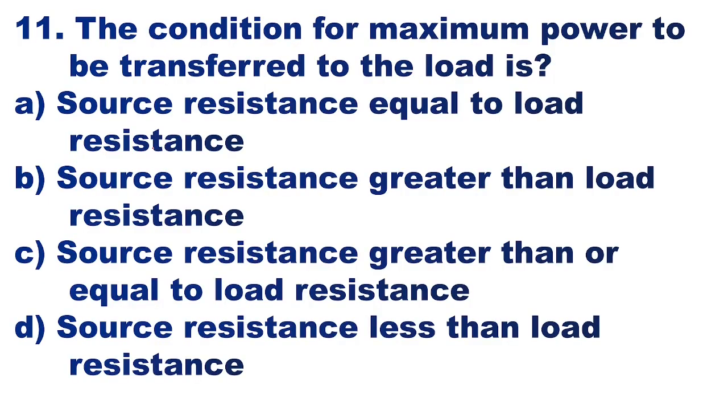Then we'll go to the next question, question number 11. A condition for maximum power to be transferred to the load is. Now this comes under our maximum power transfer theorem. So the condition for maximum power transfer is that our source resistance should be equal to the load resistance.